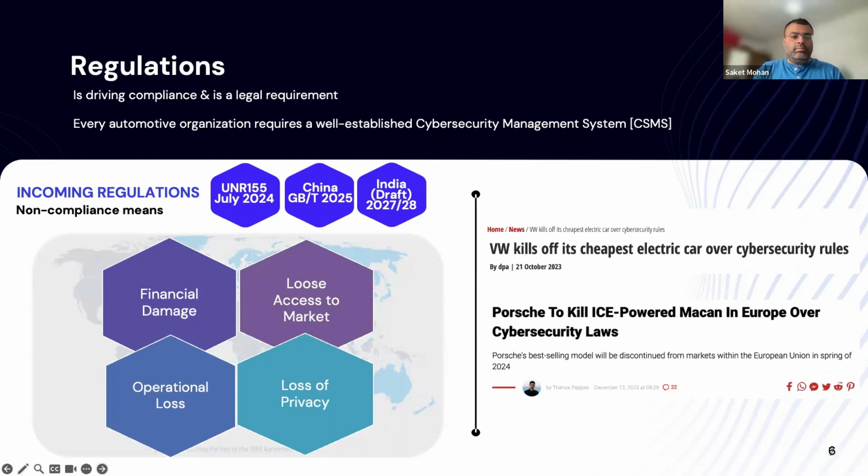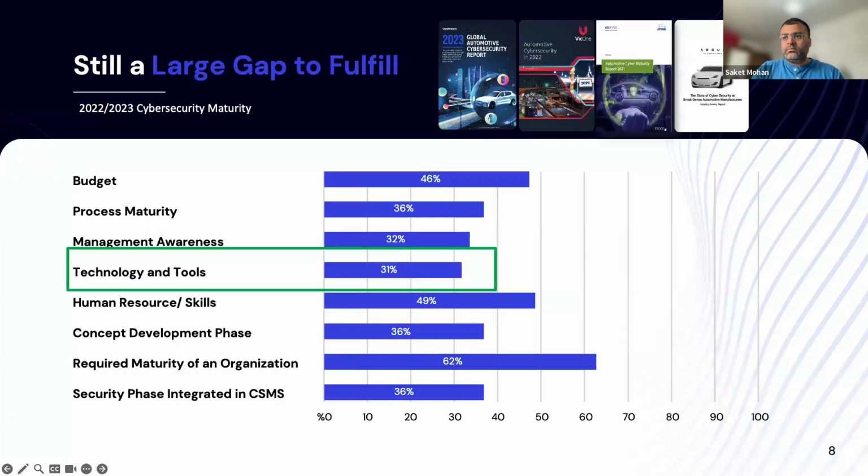Obviously resulting in mainly financial damage for that automaker, but equally it's a loss to the customer at the same time, because they don't get to choose a safe and secure vehicle. It's an operational loss in case a cyber attack actually happens. And of course, we are putting pretty much all our lives at risk in terms of safety, but also data privacy aspects.